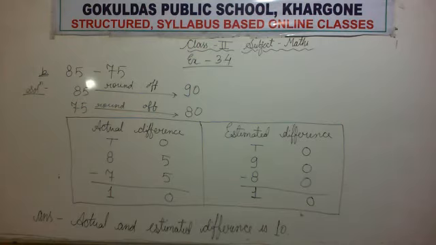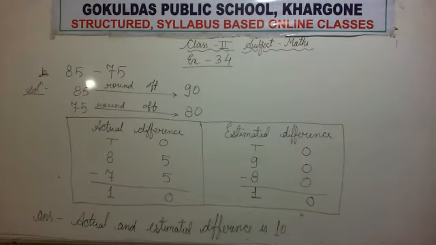Note it down quickly. See, two numbers were given there, 85 and 75. First of all, we rounded off both the numbers. We rounded off 85 to 90 and we rounded off 75 to 80. Now, we need to find actual and estimated difference. For finding actual difference, we subtracted the actual or given numbers.